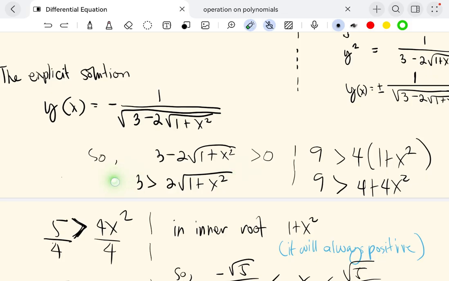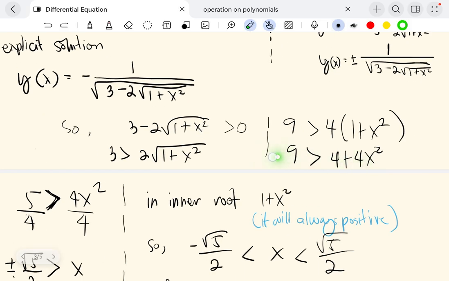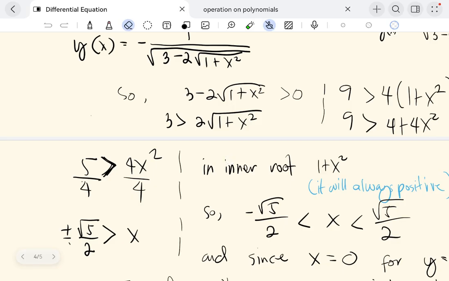Square this one, you have 9. Then here, it becomes 4, and this becomes 1 plus x squared. Then, solve for x squared. And you will end up here with 5 over 4. Or take note, x squared: whatever the value of x, it will always give you a positive.